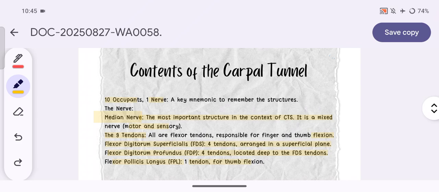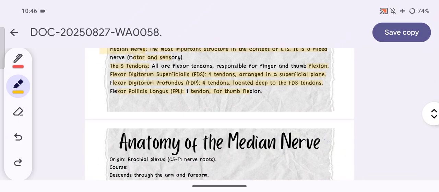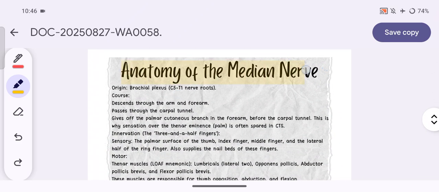There are 4 tendons of flexor digitorum superficialis arranged in a superficial plane, 4 tendons of flexor digitorum profundus located deep to the superficialis tendons, and 1 tendon of flexor pollicis longus for thumb flexion. Now anatomy of the median nerve.